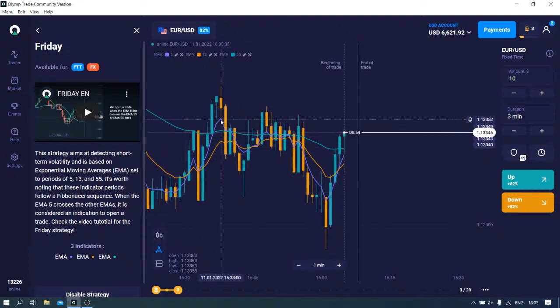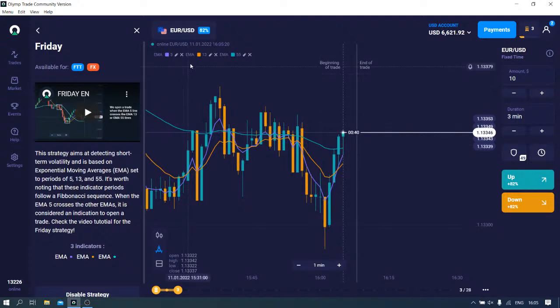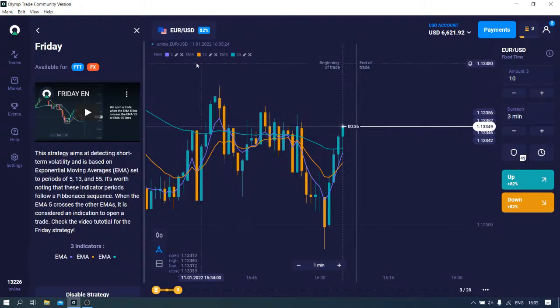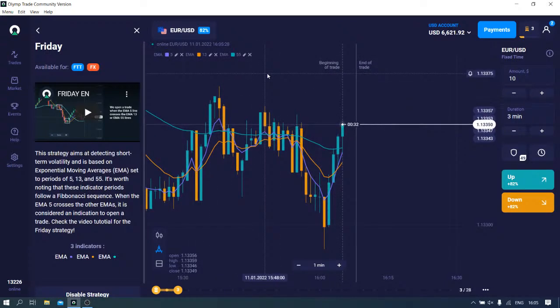That's super. Okay, guys, so as I was saying, today's strategy is Friday. You may see it over here. I've just activated it. As you can see from the short description, it consists of multiple EMA indicators. SMA, yeah, almost SMA, but this is another strategy. So EMA with a period of 5, 13, and 55.